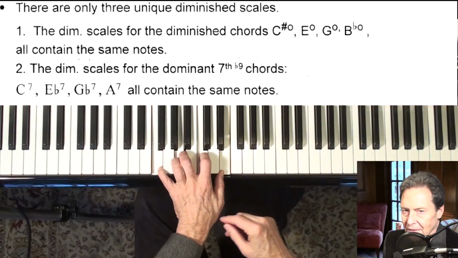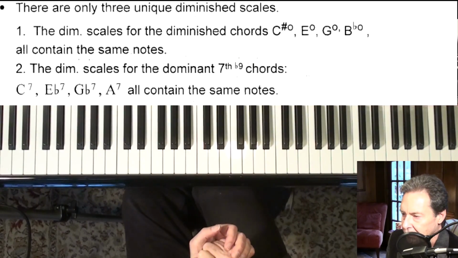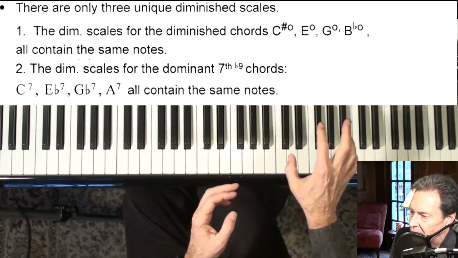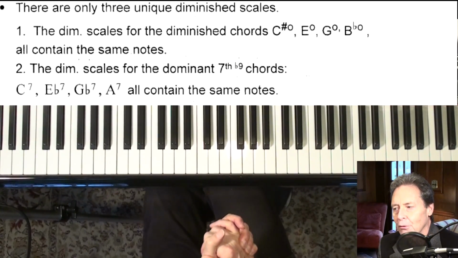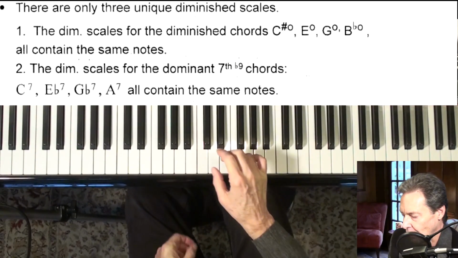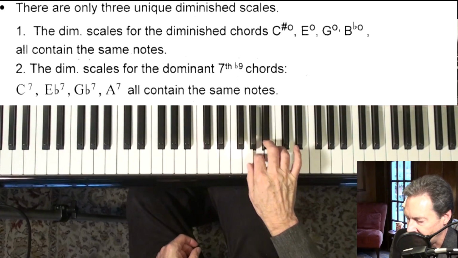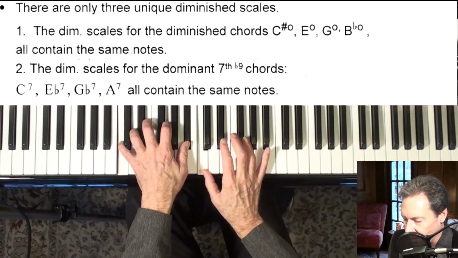That doesn't always work out that way, but many times it does. And that's a desirable thing, going from one scale to another, to have a little chromatic connection. So, we've got this one for the C sharp diminished chord or the C dominant.